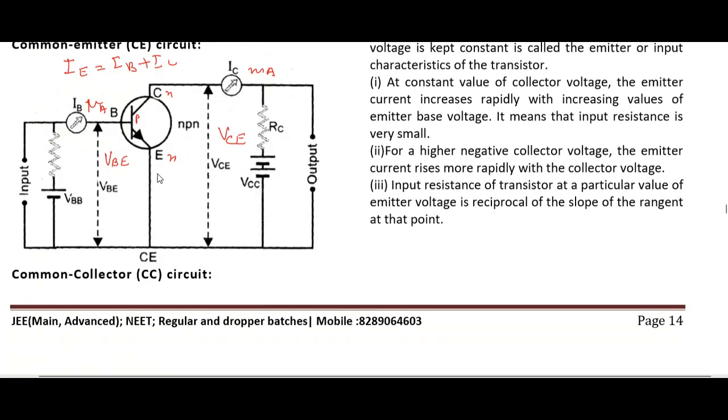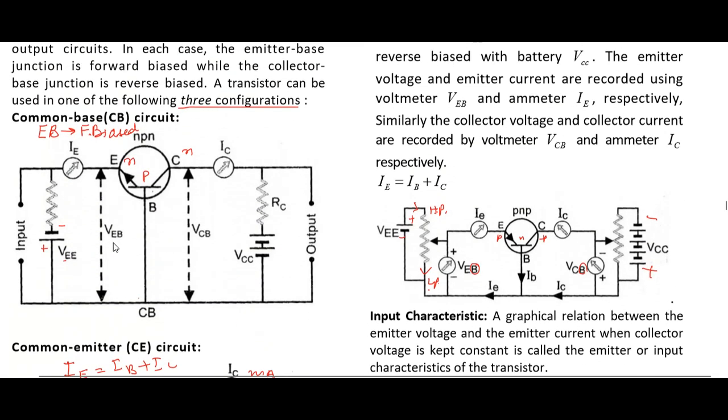If this is common emitter, then VBE will be the input voltage and VCE is the output voltage. If it is common base, then because base is common, VEB is the input and VCB is the output. Draw these circuits at least 4 to 5 times and then proceed towards the characteristics.